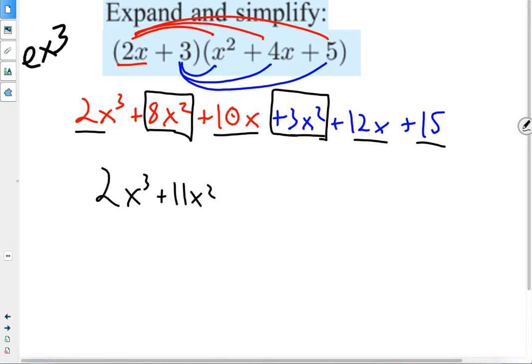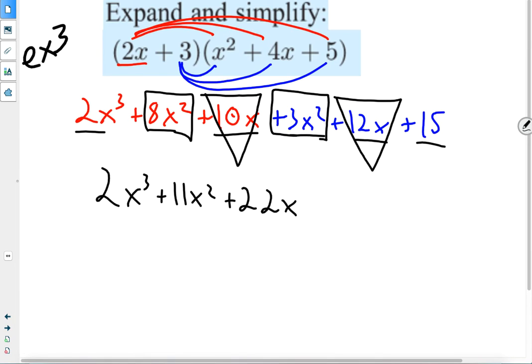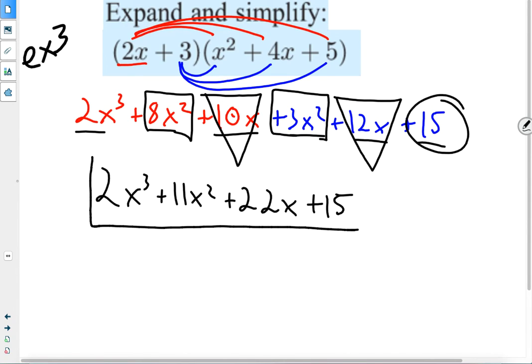Now, for my x terms, I have 10x and a 12x. So 10 plus 12 is going to be plus 22x, and then plus 15. Okay, so there we collected our like terms, and we got it down to 4.